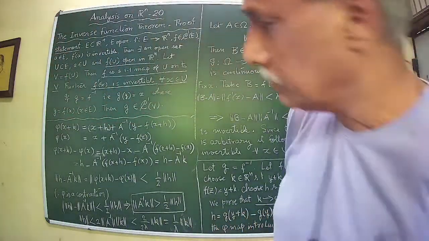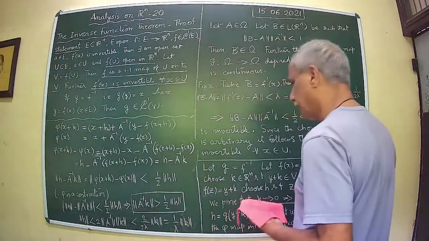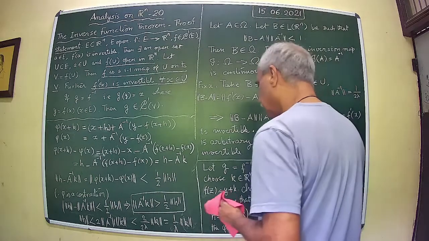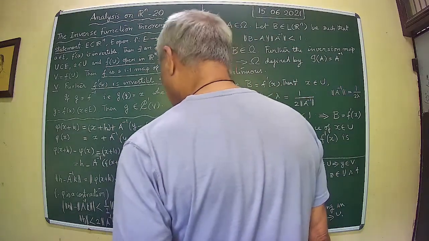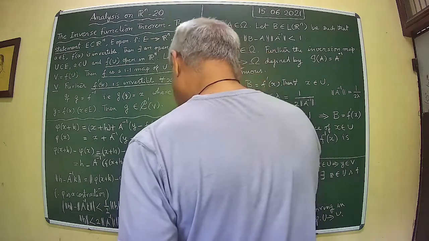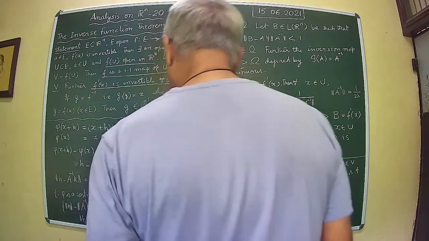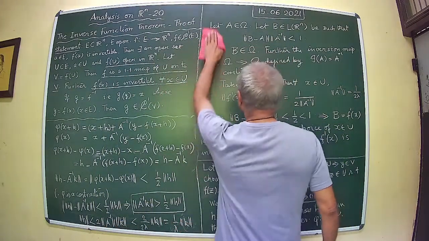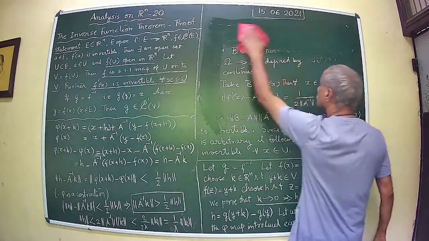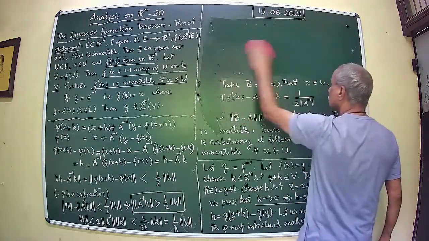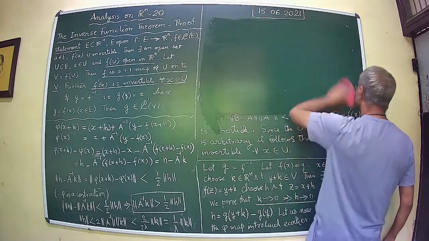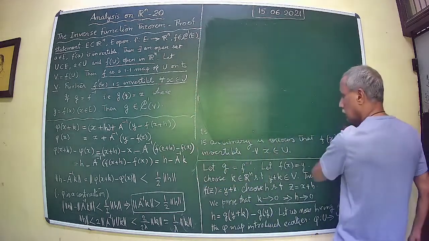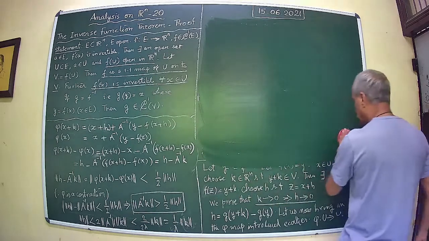Therefore, now we have got the estimate. The estimate is that norm K is greater than lambda times norm H. Therefore, norm H is less than 1 by lambda norm K. So, therefore, it follows that as K tends to 0, H also tends to 0.